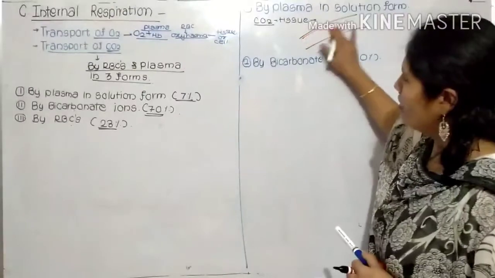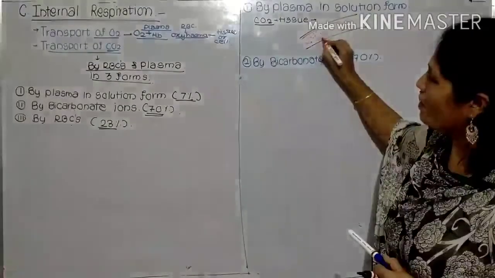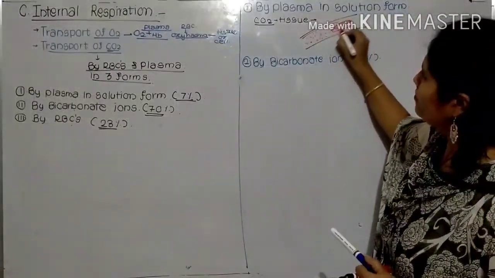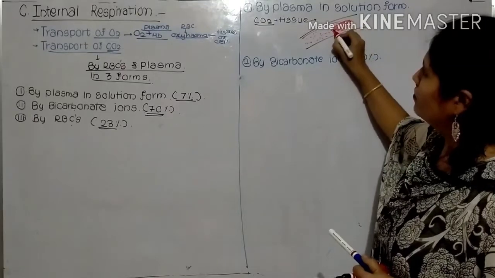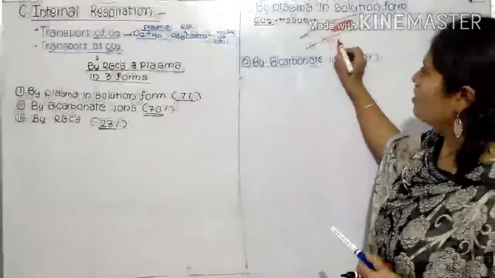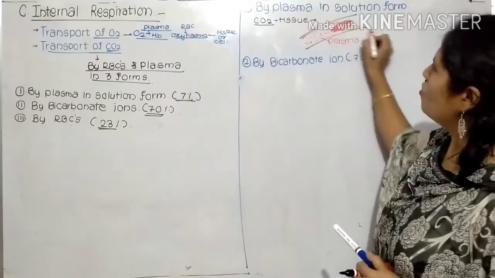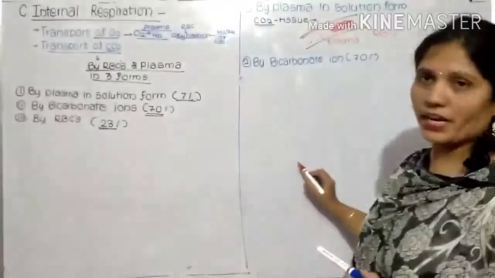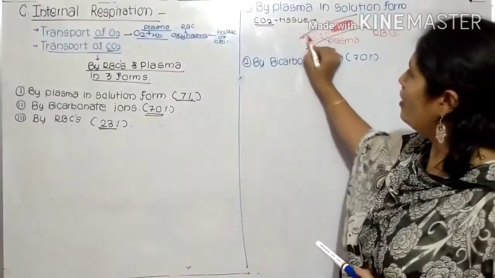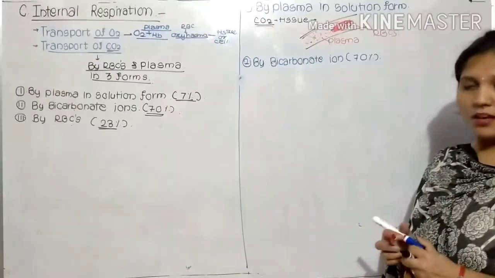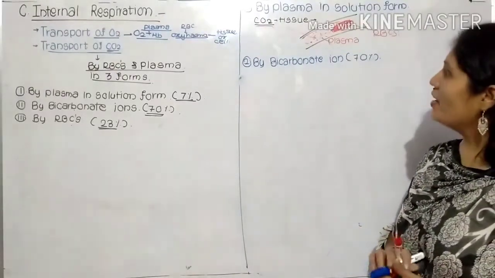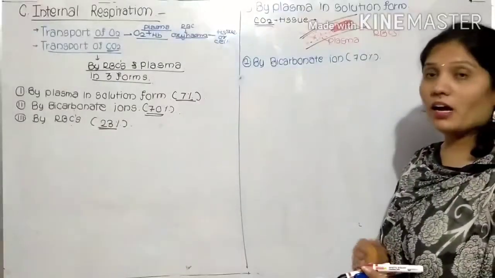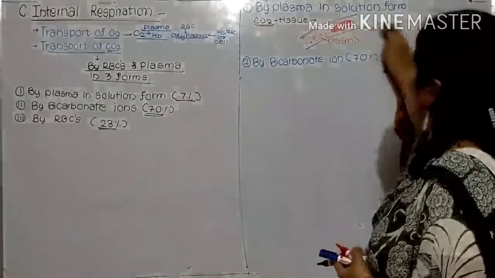In these blood capillaries there are plasma as well as RBCs. This is the plasma and this is the RBCs. Here, this carbon dioxide enters into the plasma, and whenever it enters the plasma, it combines with the water molecule.